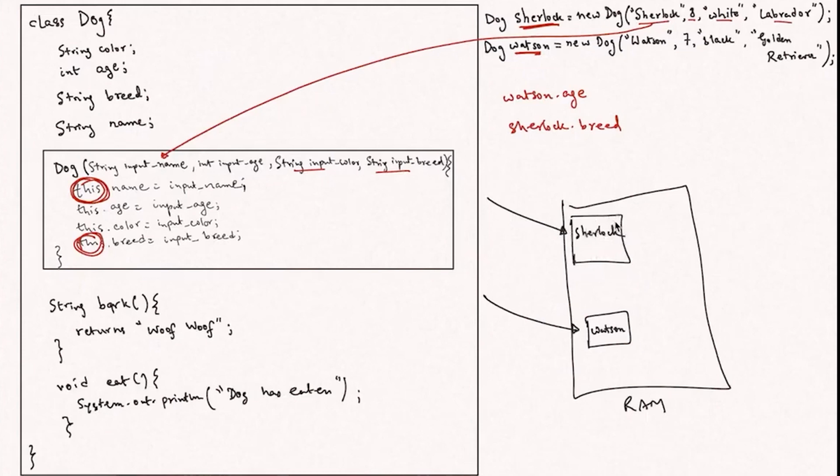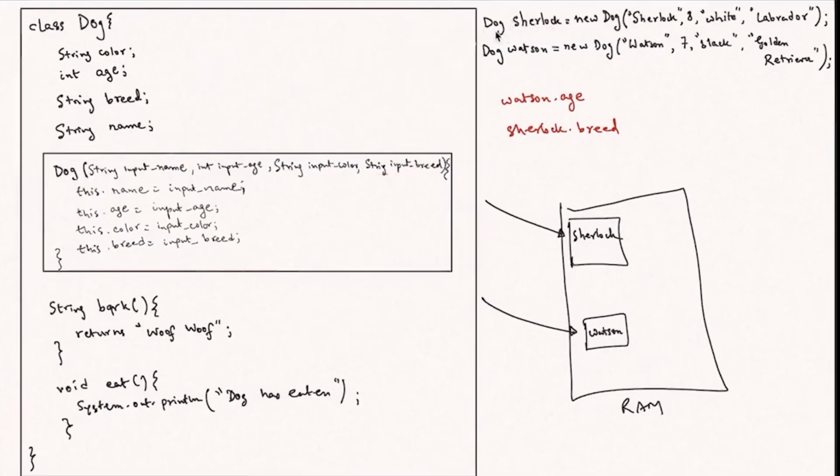Everything related to Sherlock, everything related to this object is stored in its own memory space. Everything in this memory space relates to Watson. So Watson has its own memory space. Every object has its own separate memory space. They're just created from this recipe, from this blueprint. So I hope that part is clear as well.